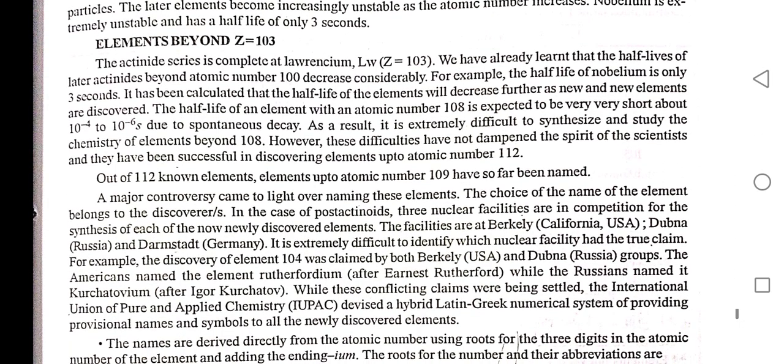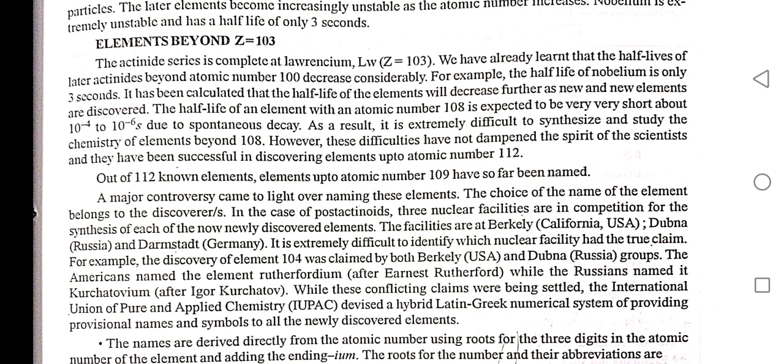Elements beyond Z equal to 103: the actinide series is complete at lawrencium. So we have already learned that the half-life of the later actinides beyond atomic number 96 decreases considerably. For example, the half-life of nobelium is only 3 seconds. It has been calculated that the half-life of elements will decrease further as new elements are discovered.